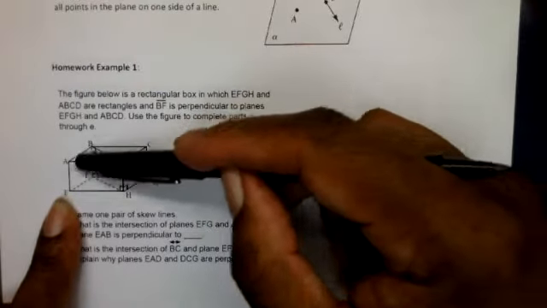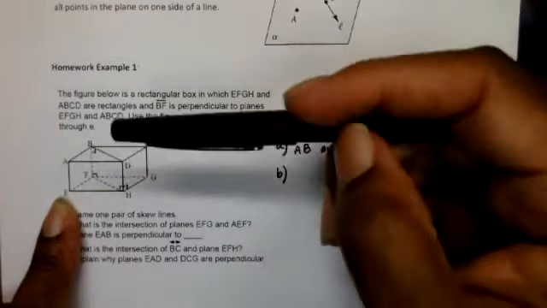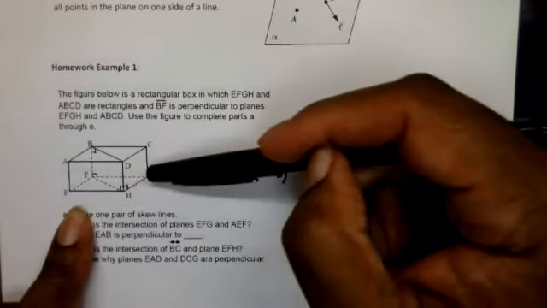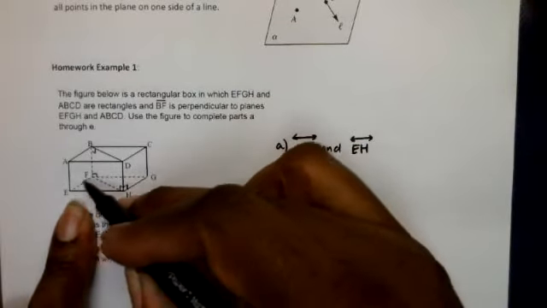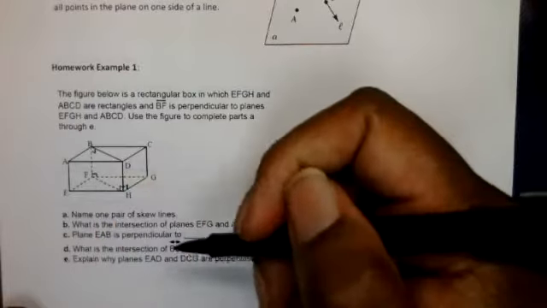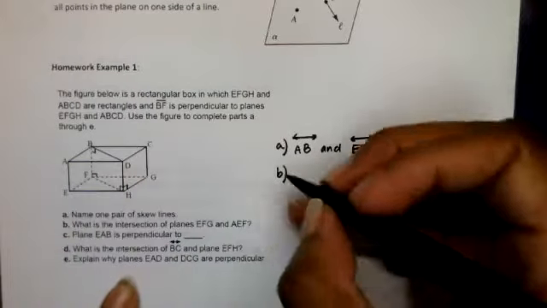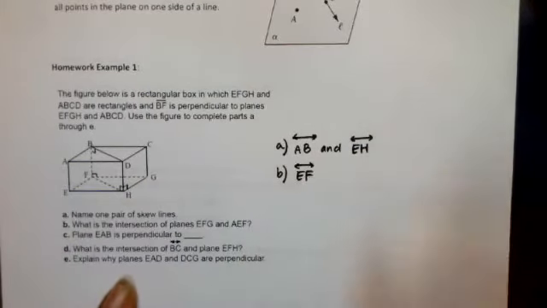I know that's hard to see, but there they are, ABF and EFG. Well, if I look at it, two planes intersect in a line, so the line of intersection has to be line EF. Has to be line EF.